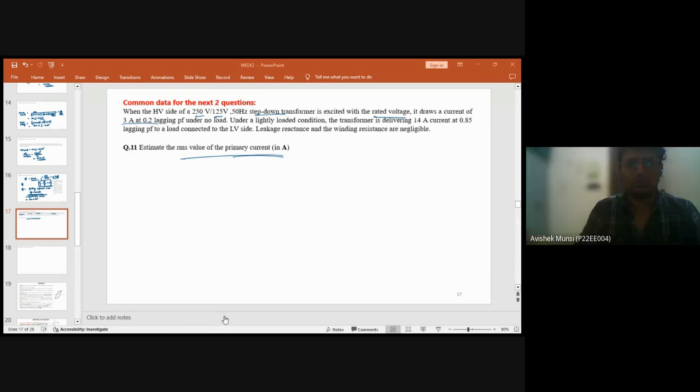Fine. So let me solve it for you all. I didn't get any answer. So see, here, what will be the IP? It draws a current of 3 ampere with a power factor lagging, so it is minus cos inverse of 0.2.